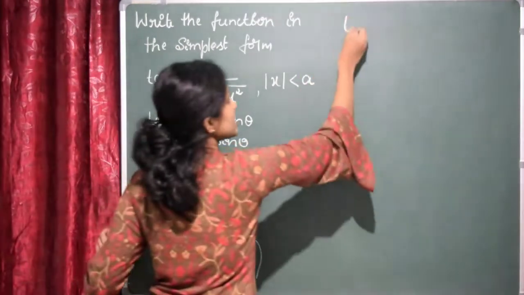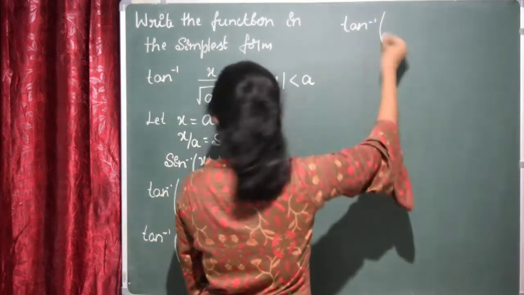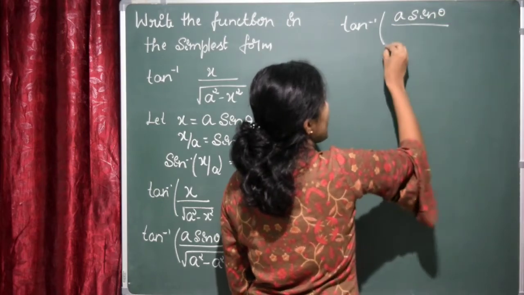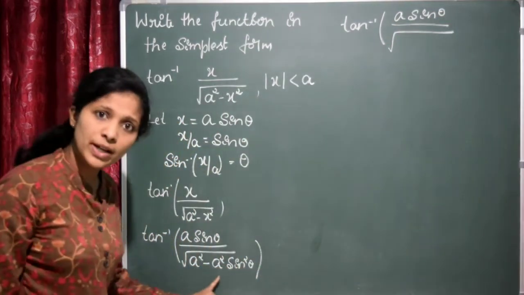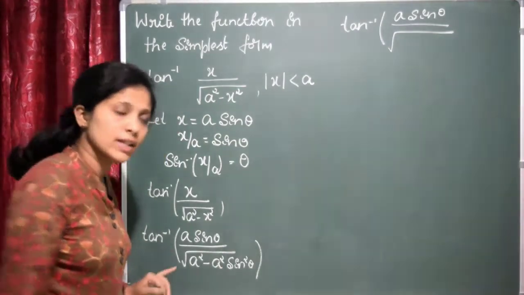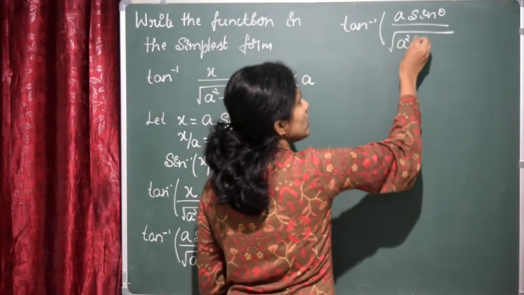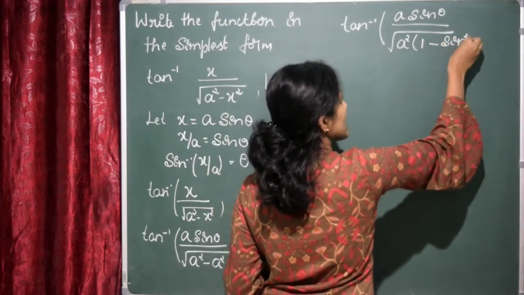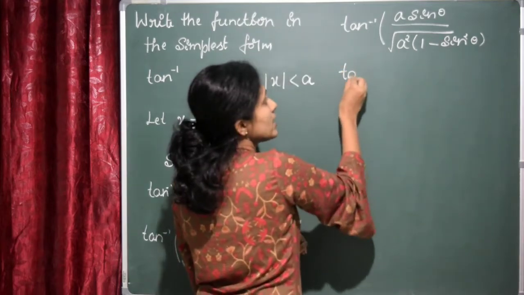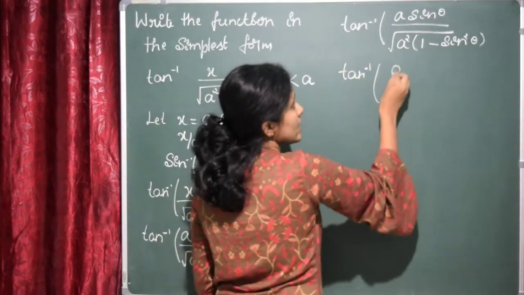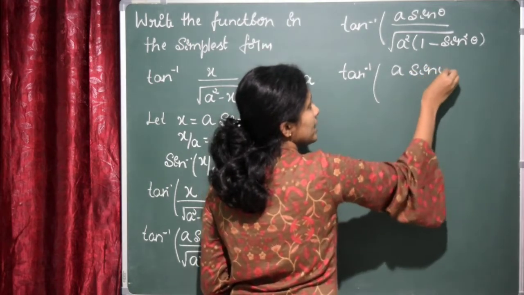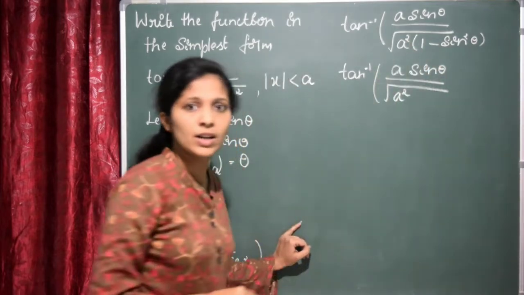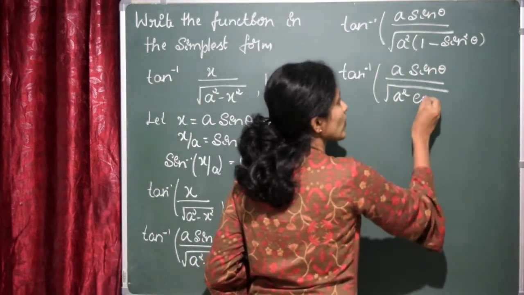Now next step, that is tan inverse of a sin theta divided by square root of a square minus a square sin square theta. We'll consider a square common. If you consider a square common, remaining with 1 minus sin square theta, right? So this is equal to tan inverse of a sin theta divided by square root of a square times 1 minus sin square theta. What is 1 minus sin square theta? You know that it is equal to cos square theta.